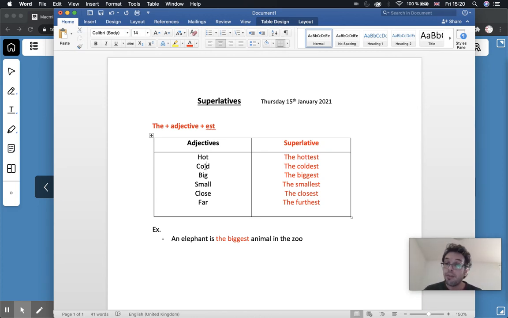Cold, frío. The coldest, el más frío. Okay. Big, grande. The biggest, el más grande. Okay. Small, pequeño. The smallest, el más pequeño.